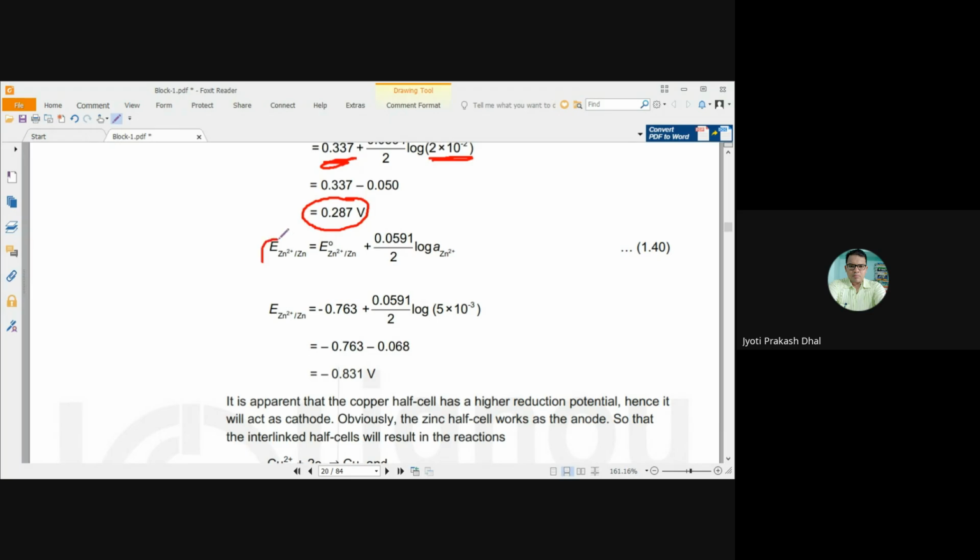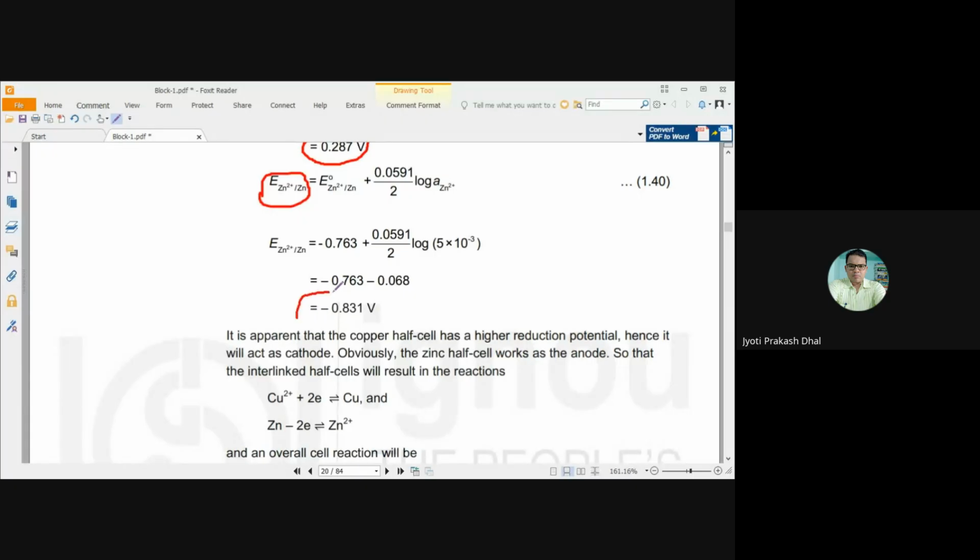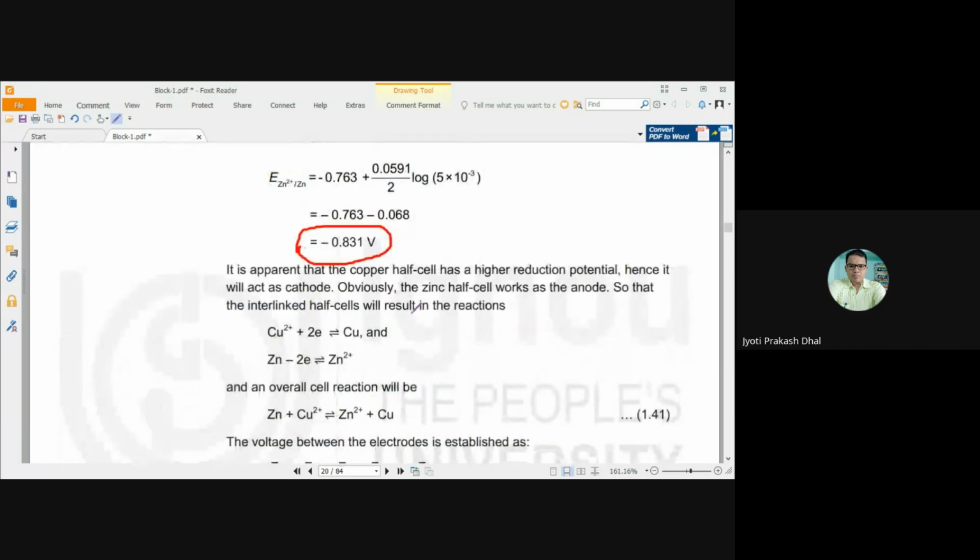In similar manner, the electrode potential of the zinc half cell can be calculated as minus 0.831. So it is apparent that the copper half cell has a higher reduction potential, hence it will act as the cathode, and similarly the zinc half cell having lower electrode potential acts as anode.